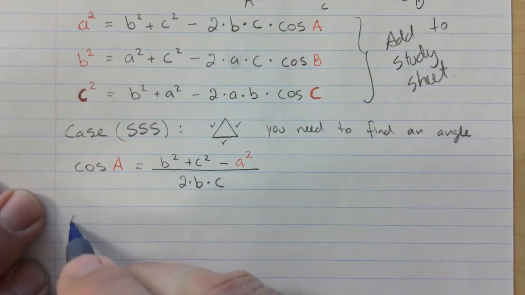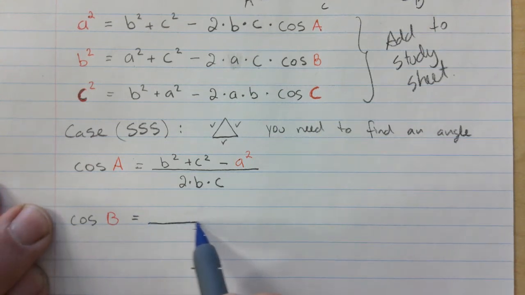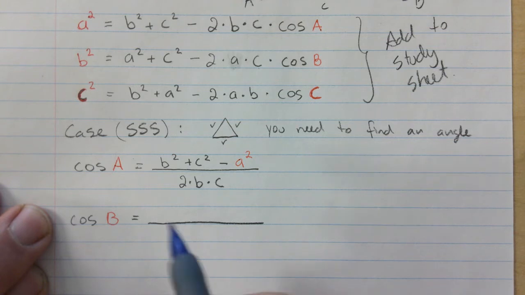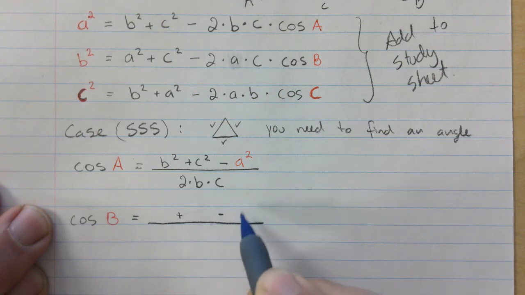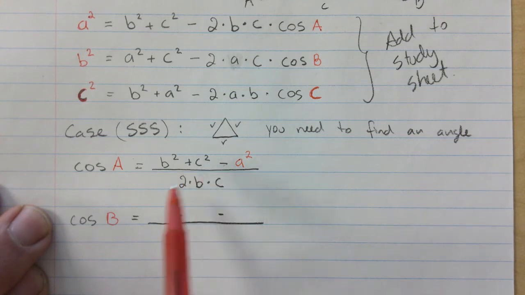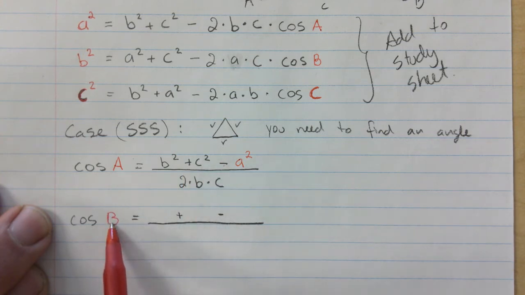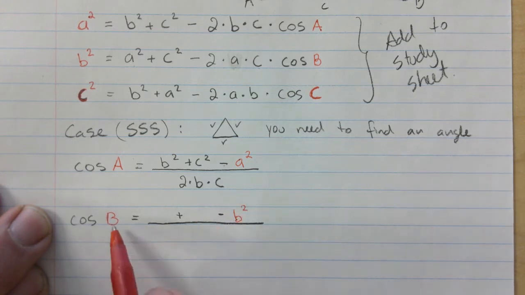Second version of it, cosine of B is going to be equal to, and watch, like I'm going to do this. I'm going to have a plus here, so this plus this minus something else. That's always the pattern, plus and minus, right? And now you want to find angle B, so you're going to have B squared here for sure.